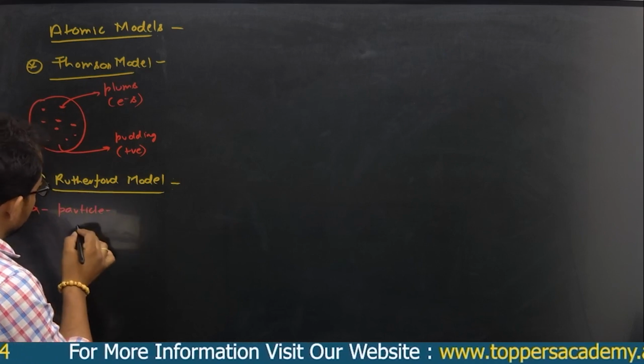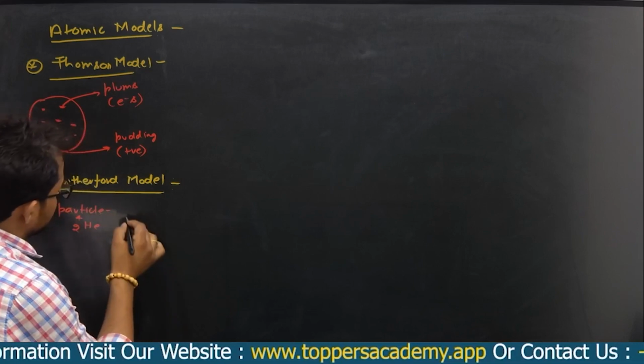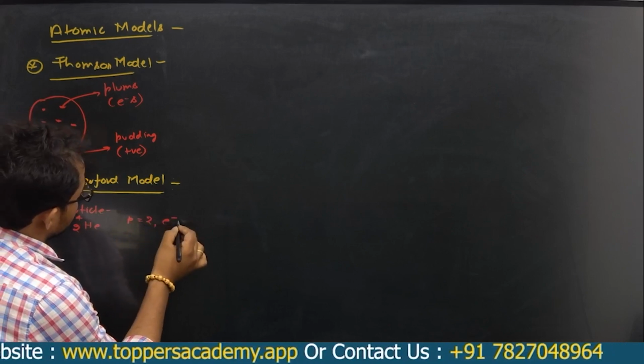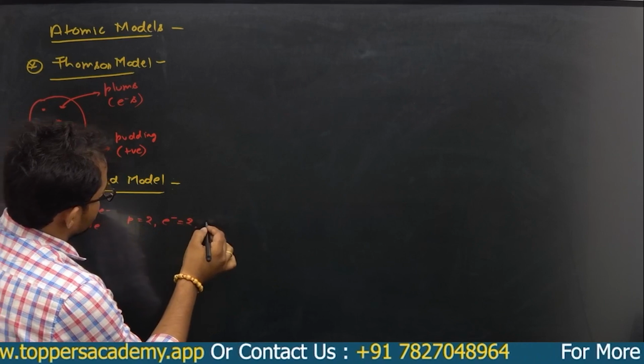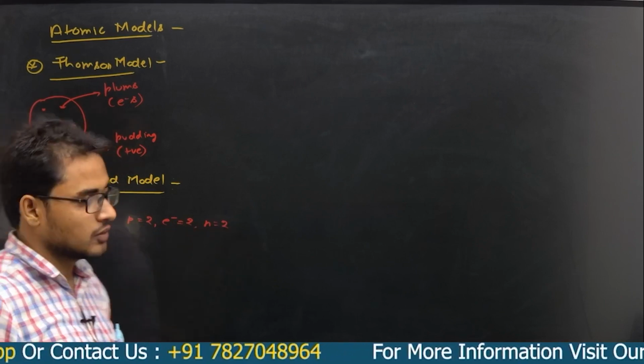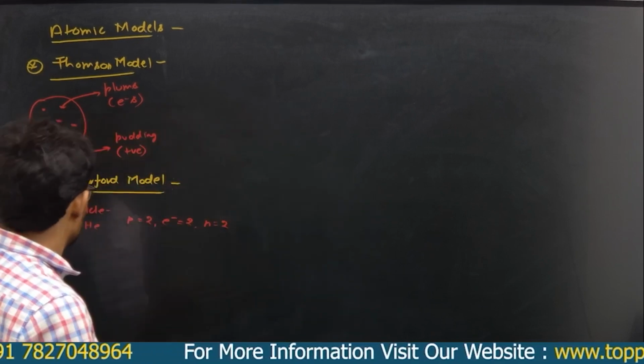There is a helium atom, 2He4. In this atom the number of protons is 2, number of electrons 2, number of neutrons 2. 2 neutrons, 2 electrons and 2 protons are present in 2He4, that is the helium atom, right.